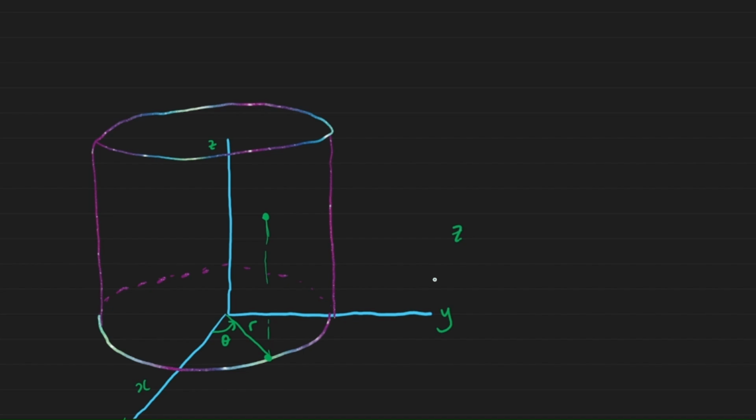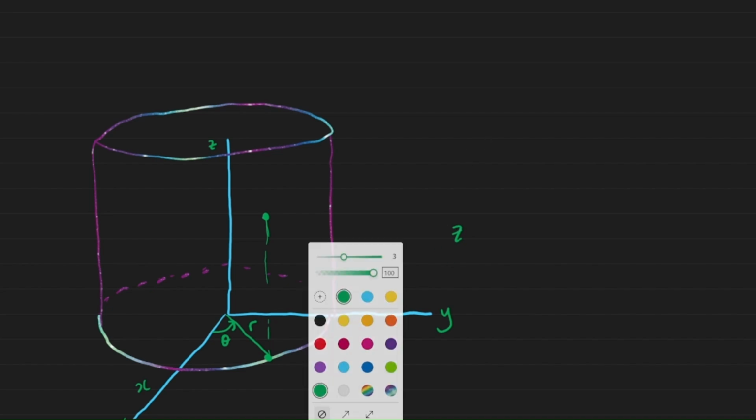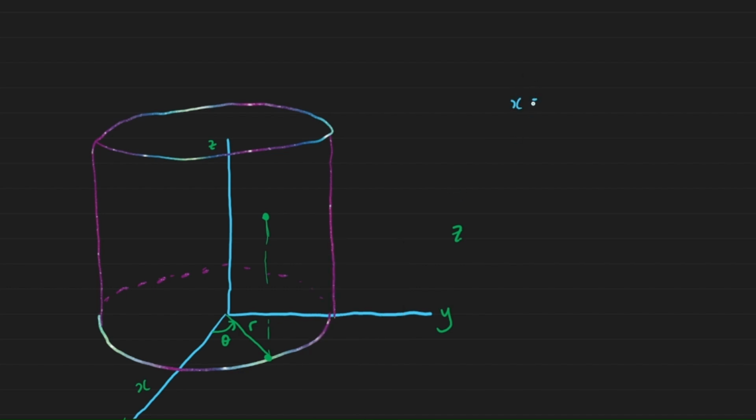So if we do our conversions, if we convert to the x and y coordinates, we can see that x is simply r cos theta, as was the case with polar coordinates. So we can understand this by just looking at the basic triangle. So there's our triangle, there's our angle theta, and this is x and y, and that's r.